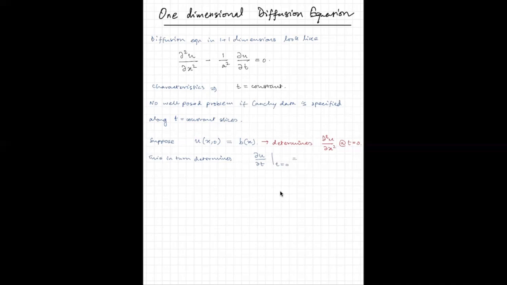So this is equal to a squared into d2b dx squared, right? So this is a function of b of x.